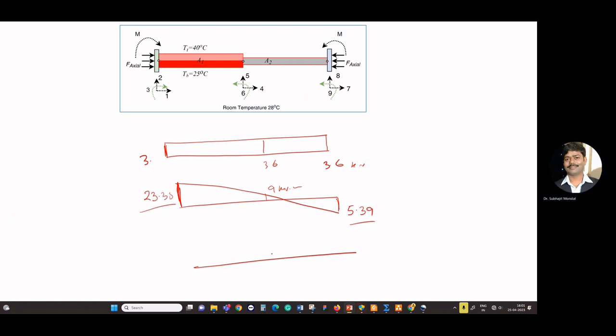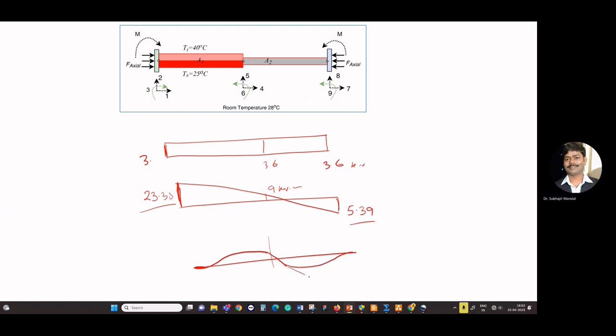Now, if you see the deflection pattern, I have already discussed that the beam is going to deflect like this. Here it will have zero displacement. So here we have a straight line, and then it will go up like this, then it will go down, and again here like this. So here, draw the tangent here.